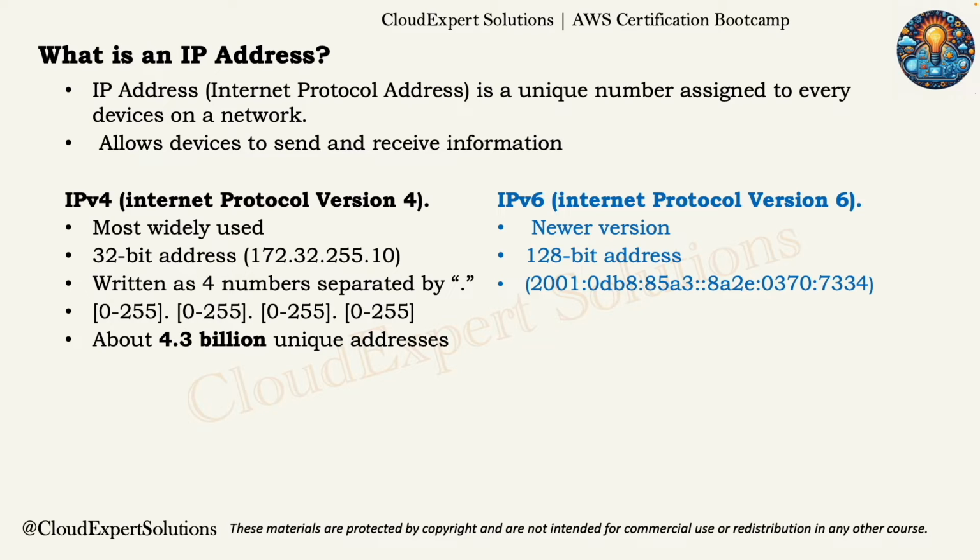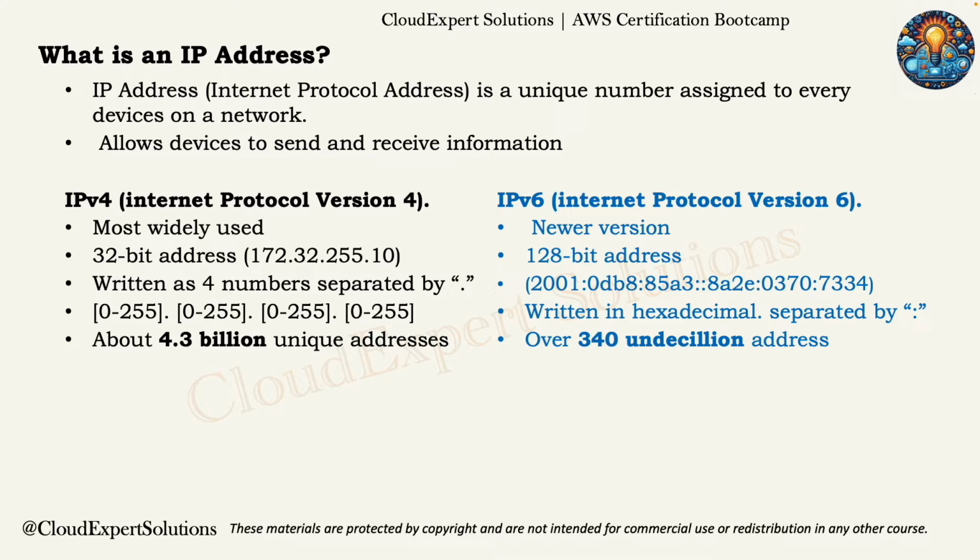Here is an example. IPv6 addresses are written in hexadecimal and separated by colons, compared to IPv4 where the 4 blocks were separated by dots. Since this is a 128-bit address, we have over 340 undecillion addresses, which is virtually unlimited.